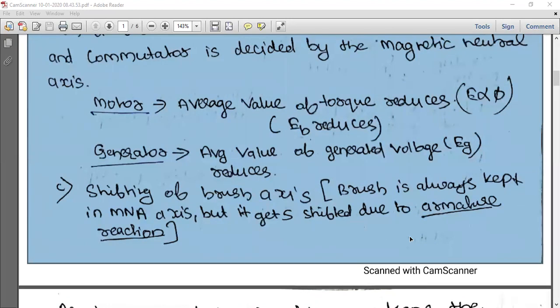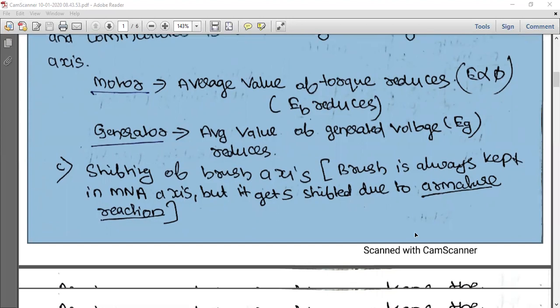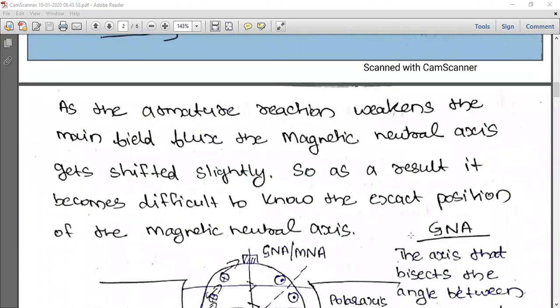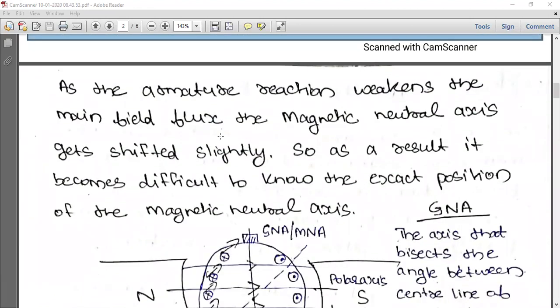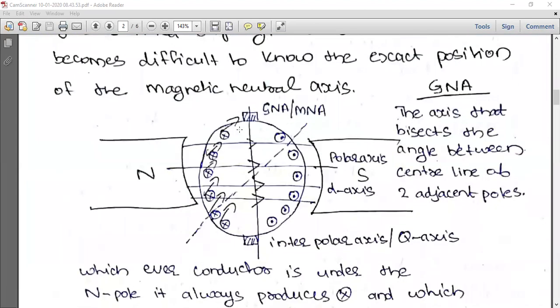But that is never going to happen, because there will always be armature reaction, since the main field flux will always react with the armature flux. The brush is always kept at the magnetic neutral axis, but it gets shifted due to armature reaction. As armature reaction weakens the main field flux, the magnetic neutral axis gets shifted slightly, so it becomes difficult to know its exact position.